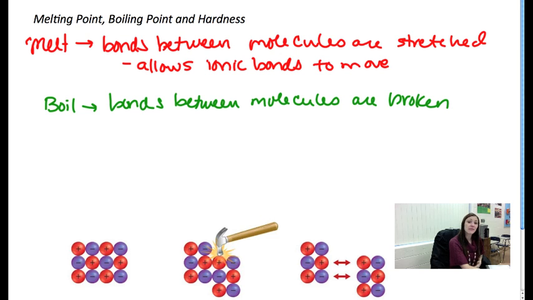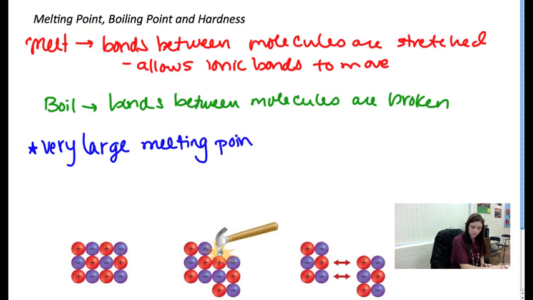So does an ionic bond have a high melting point and boiling point, or low? Well, it's actually very hard to melt salt, or NaCl, so these have very high melting points. The higher the melting point, the more energy it took to break them apart.